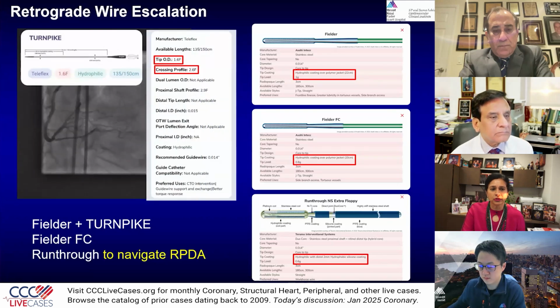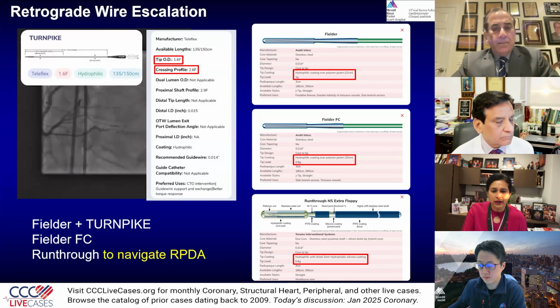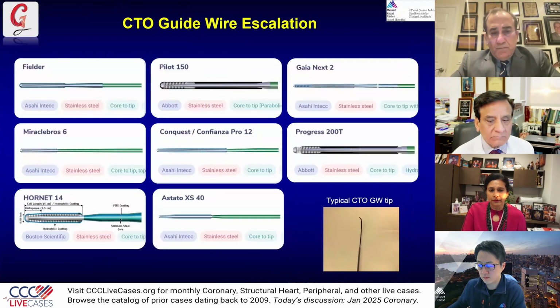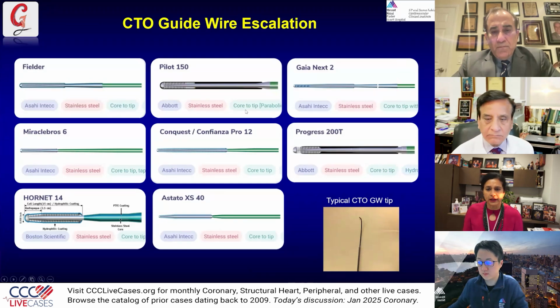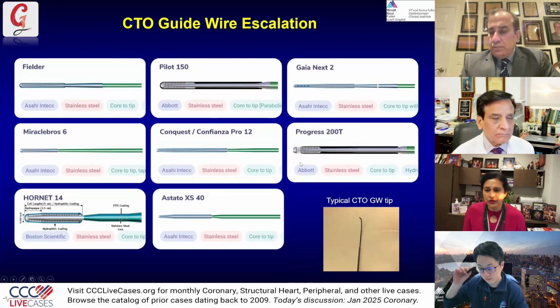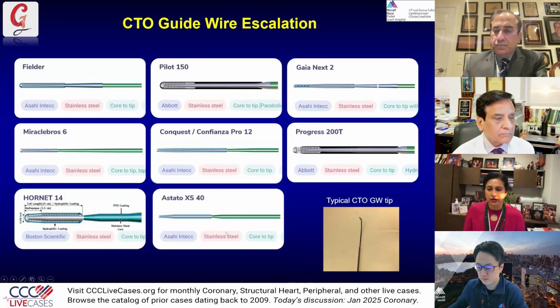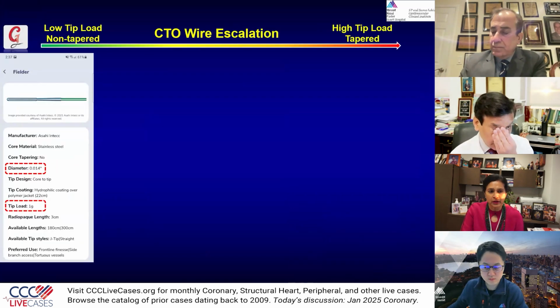Then going back to why Turnpike, you can use any kind of microcatheter. So if you ask me, I have Fielder, I have Pilot 150, could I have tried Pilot 150? Yes, it could be used. And this is what we normally use for wire escalation, and these things we have discussed in our other antegrade CTO wires.